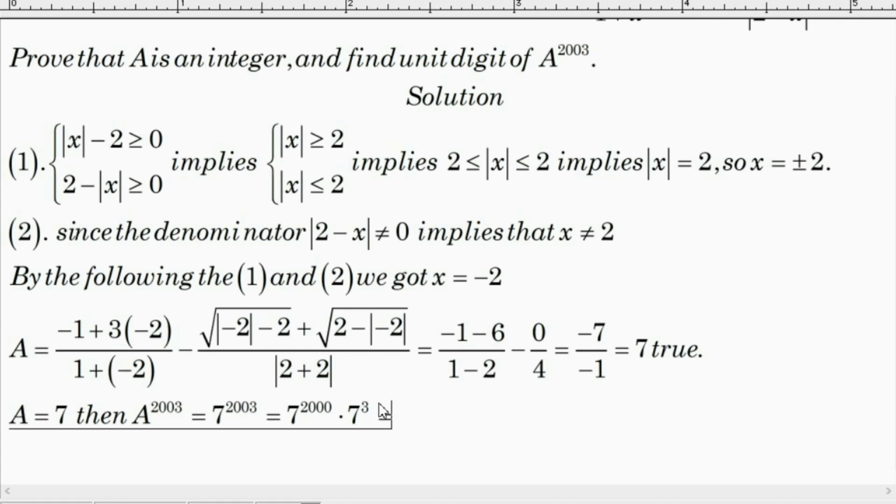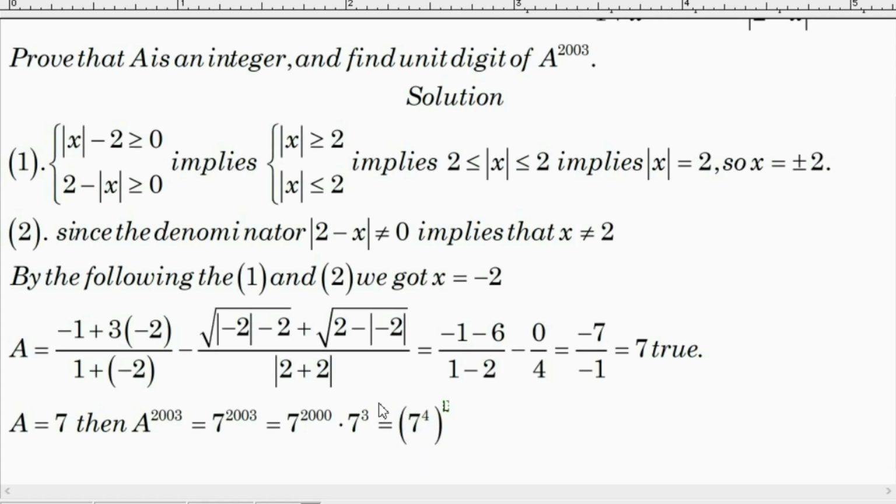Then 7 to the power 2000 can be written as 7 to the power 4, all raised to the power 500, and then times 7 cubed.